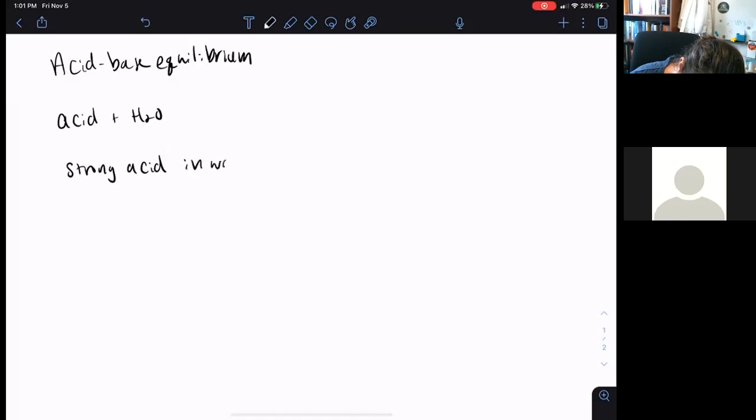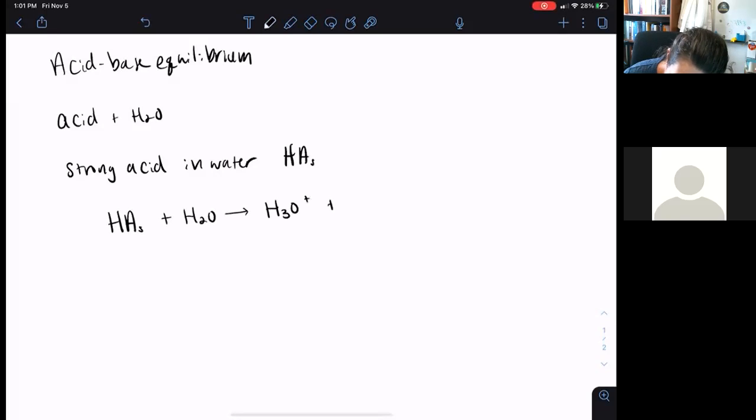in water, and I'm going to call that strong acid HA subscript S for strong. So we have our HA, add water to it. We're going to have a one-way arrow producing hydronium and our anion from this process. Okay.